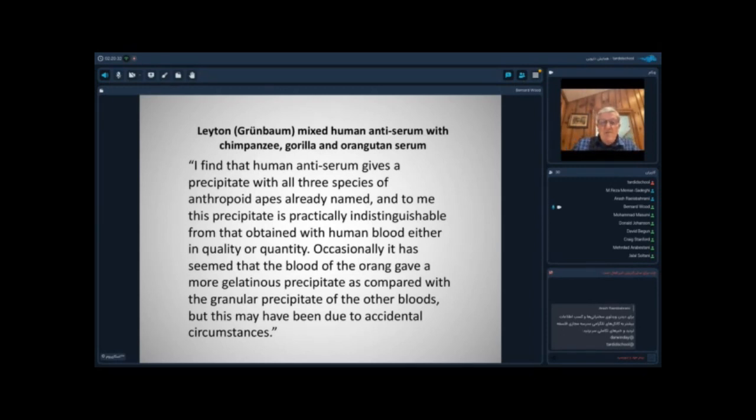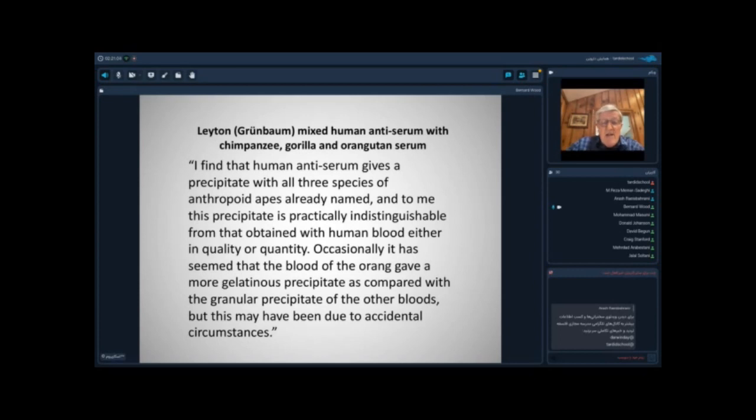In other words, if you mix human blood with human antiserum, or you mix human antiserum with the blood of these apes, and he got the blood from the zoo in Manchester. He was working in Liverpool at the time. And then he goes on to say, occasionally it is seen that the blood of the orang gave a more gelatinous precipitate, in other words, was more different, as compared to the granular precipitate of the other bloods, in other words, the chimpanzee and the gorilla.